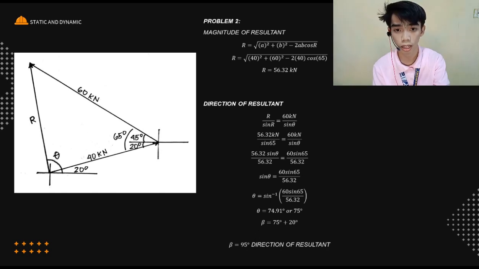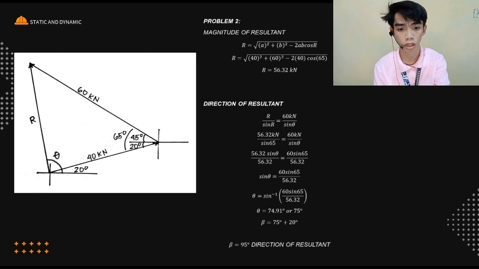Sa pag-solve naman ng direction ng resultant, use sine law. R over sine R is equal to 60 kN over sine theta. Sub yung value ng R, then cross multiply. Ang magiging sine theta is equal to 60 sine 65 over 56.32.